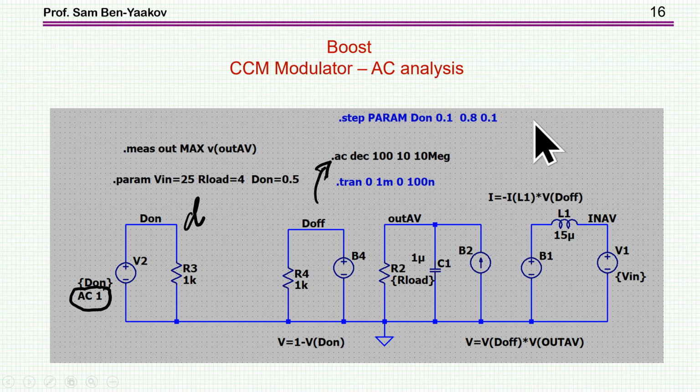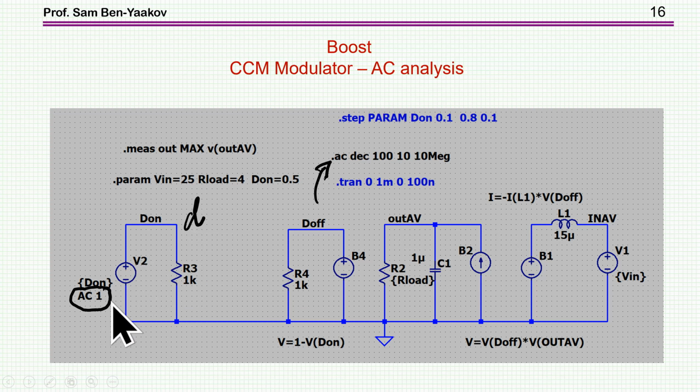Now, what about AC analysis? So first of all, I have to define the AC analysis itself, and then I have to have an AC source, and I'm putting it here as the D on. So this is a small d, it's 1. So it's a simplified thing because then the transfer ratio between duty cycle to output, you would have to divide by 1.